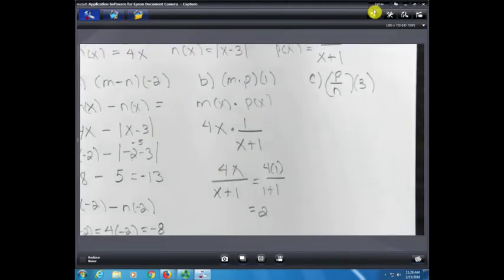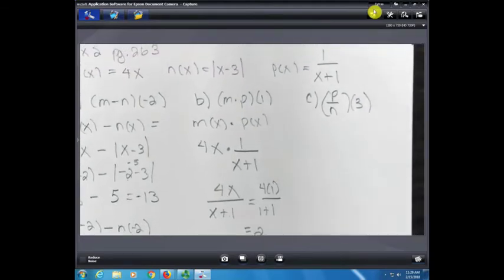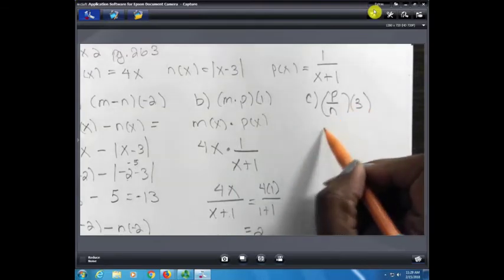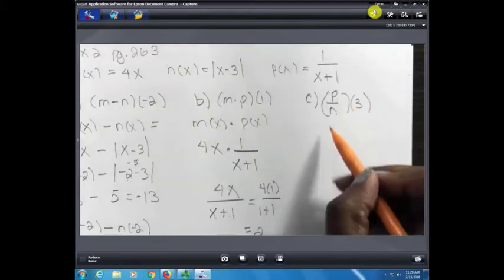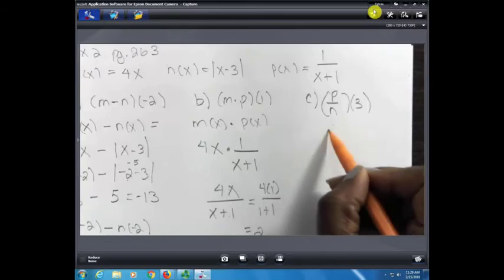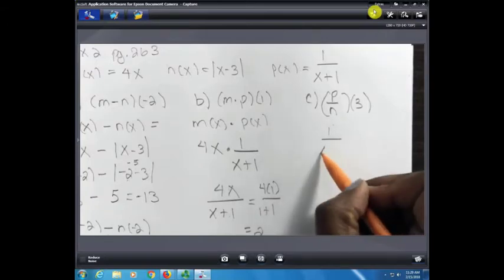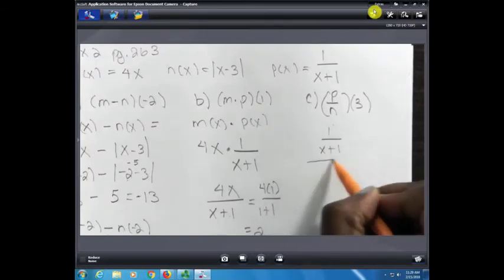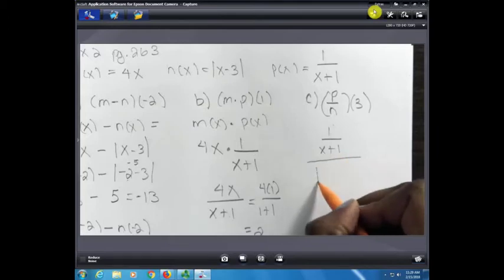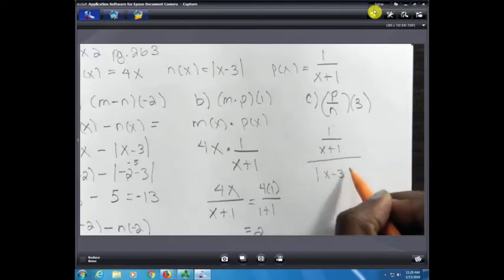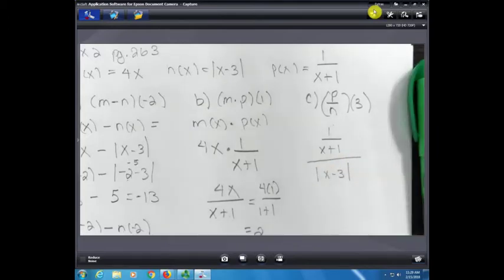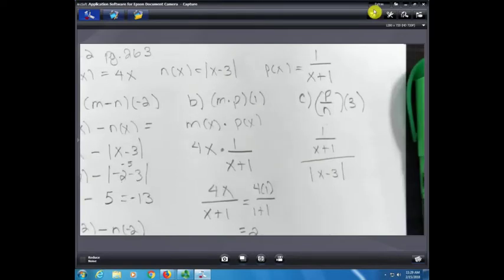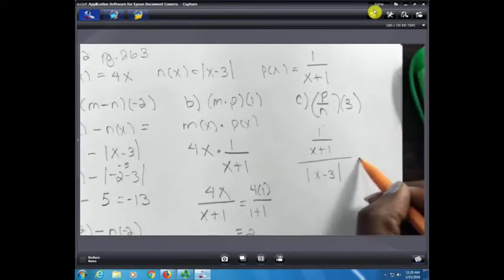And then for C, I'm taking my P function and dividing it by my N function. And then we're evaluating this one at 3.